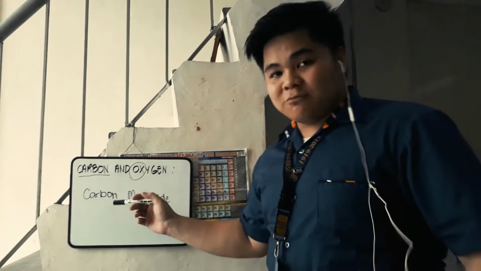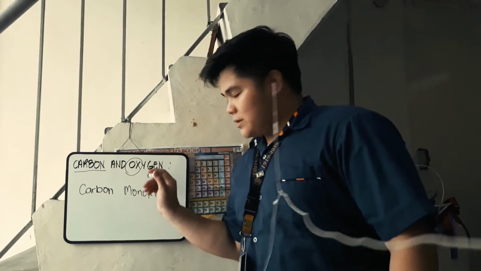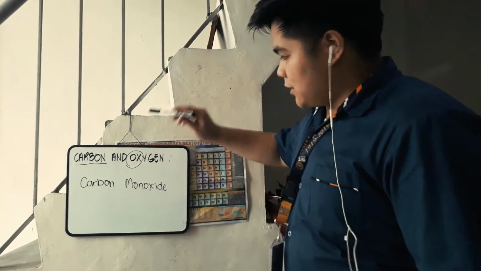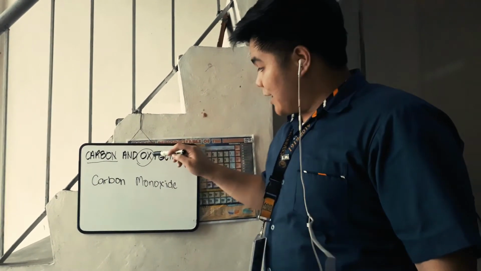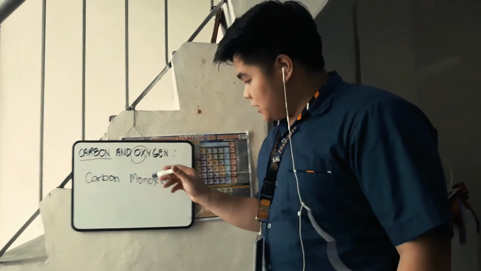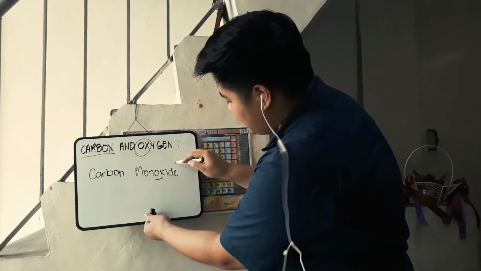So we combined already the two elements, and as you can see, the only changed name is the second element, because as I said a while ago, we will get the root name of the oxygen. So we put the ox here and we add IDE.